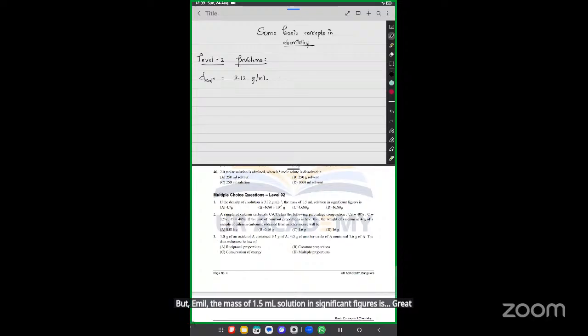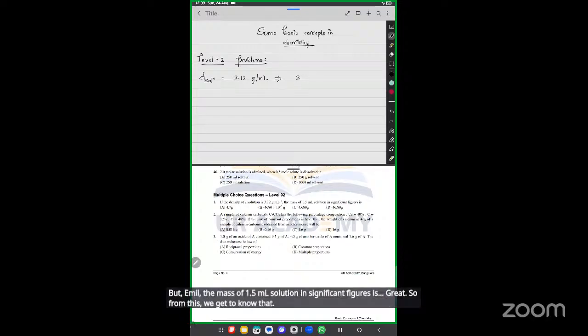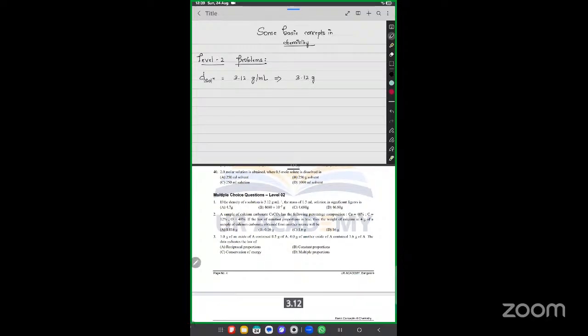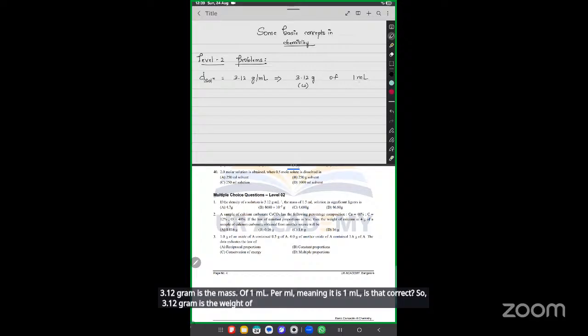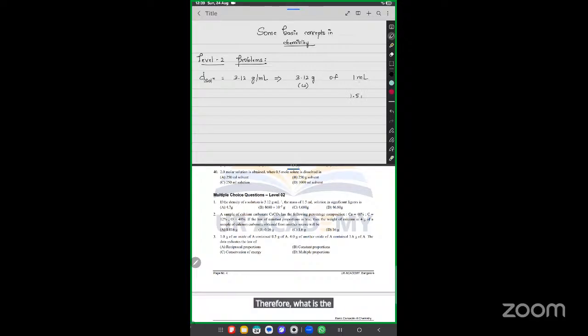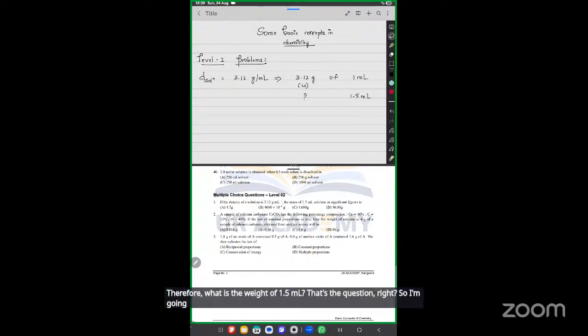From this, we get to know that 3.12 gram is the mass of 1 ml. Per ml meaning it is 1 ml. Therefore, what is the weight of 1.5 ml? That's the question. So I'm going to take 1.5 as 3 by 2. So 3 by 2 into 3.12 divided by 1.